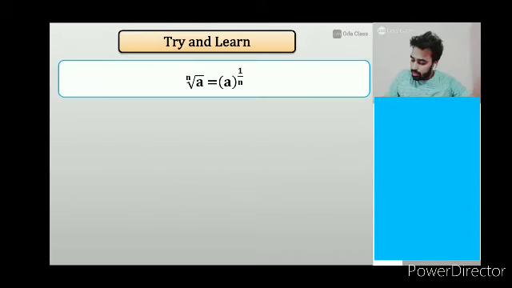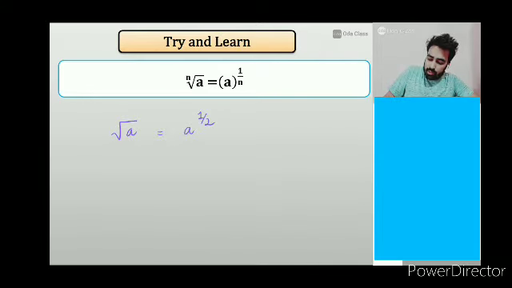One very important thing in this law is this. The nth root of any number a is a power 1 by n. If I'm saying square root of a, it is a power 1 by 2. Cube root of a is a power 1 by 3. So if you are finding the nth root of a, it should be a power 1 by n.